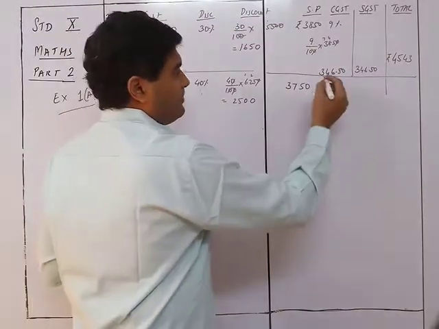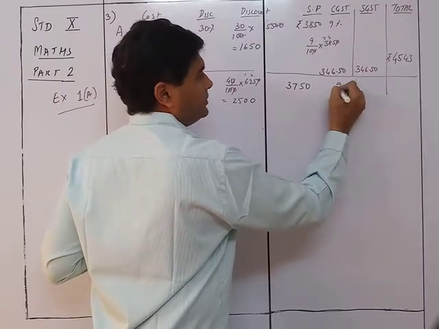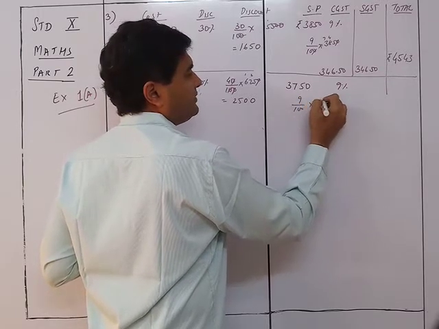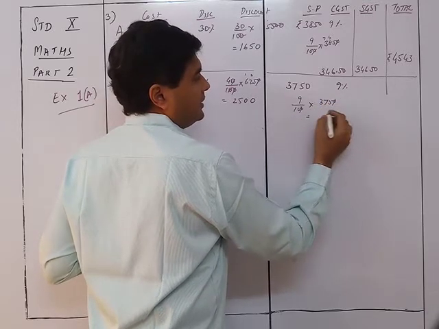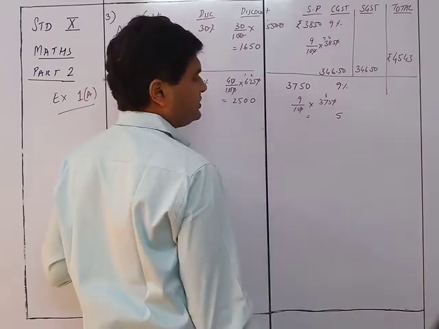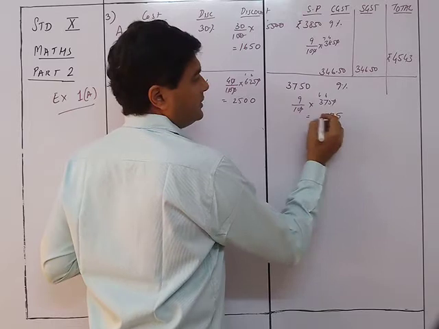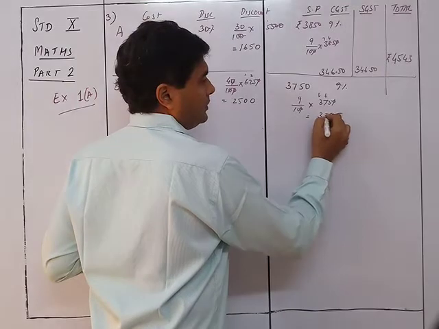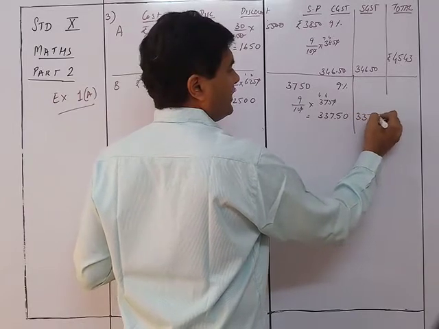So 3750, now 9% of that, so it will be 9% here and 9% here. So 9% is what we need to find out. It is 9 upon 100 into 3750. That will give the answer as 337.50.